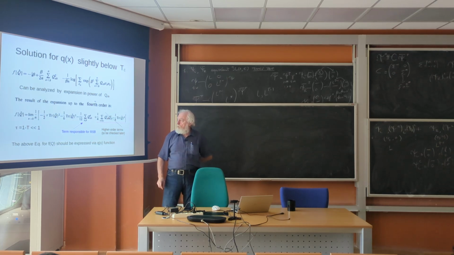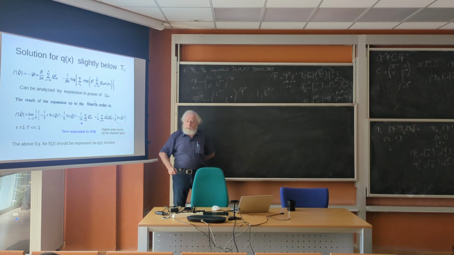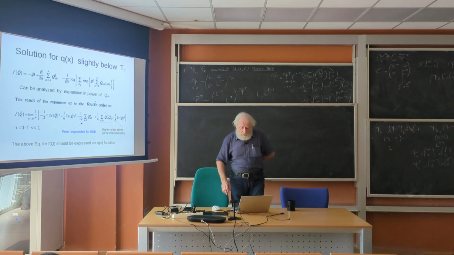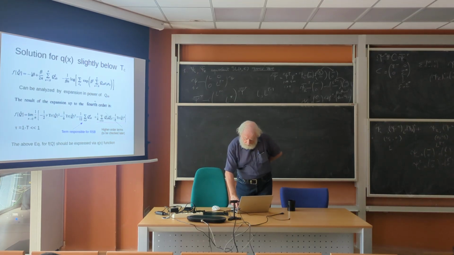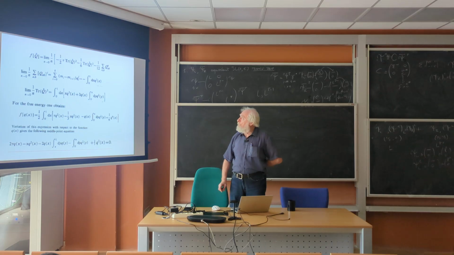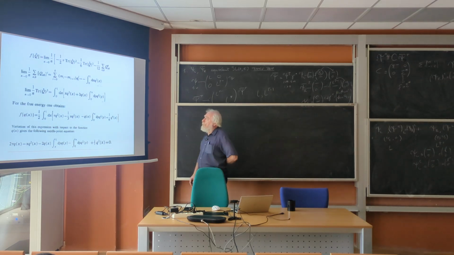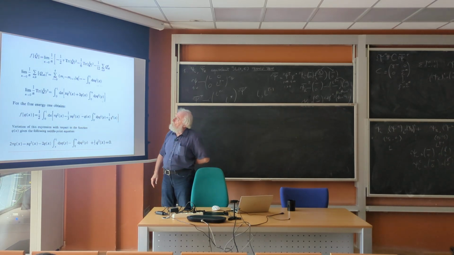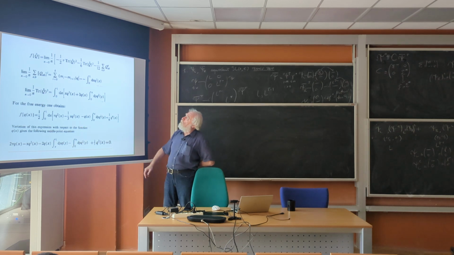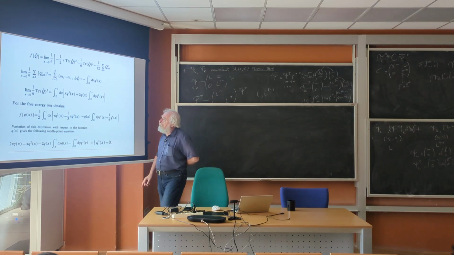Okay, now let us rewrite this free energy in terms of function q of x. The function contains this sum of the replica indices, a couple of terms with trace, and this fourth order term. So the rule is like this.